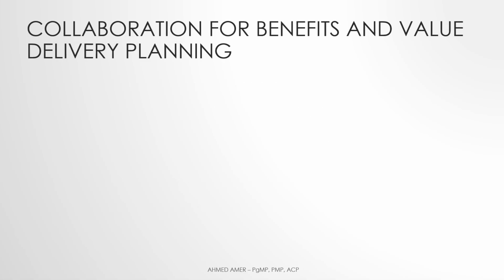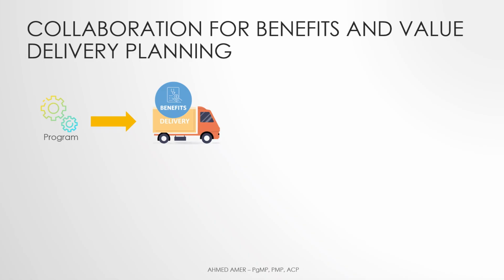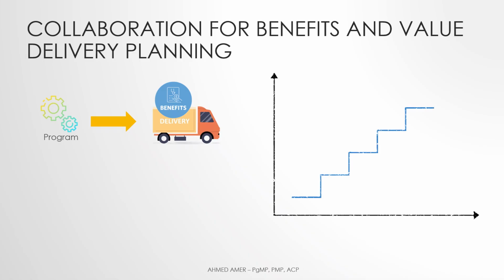Before we start talking about the second section of the collaboration performance domain, let me remind you of the following points. The primary goal of any program is to deliver benefits. Those benefits build cumulative value over time.